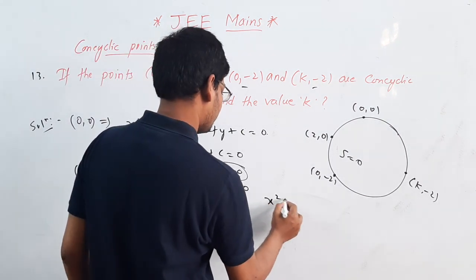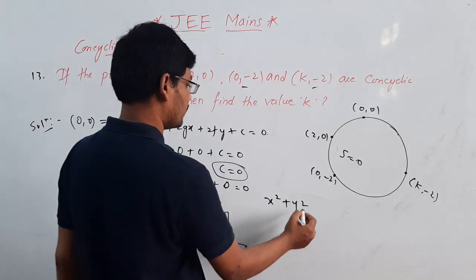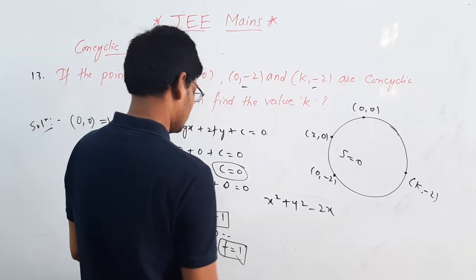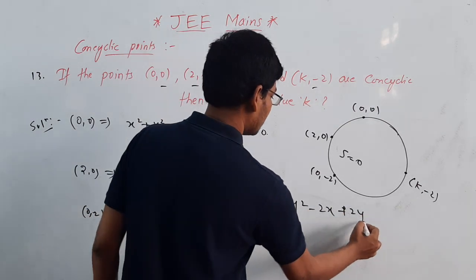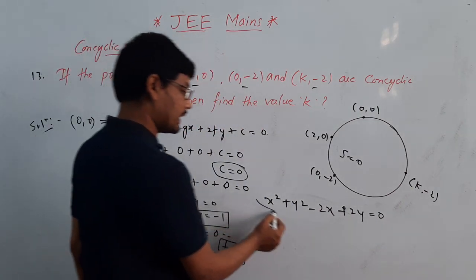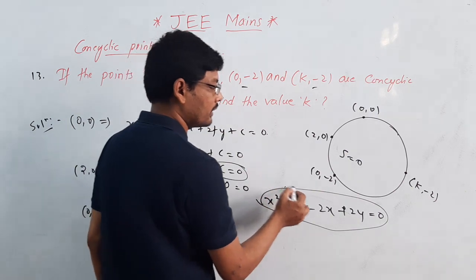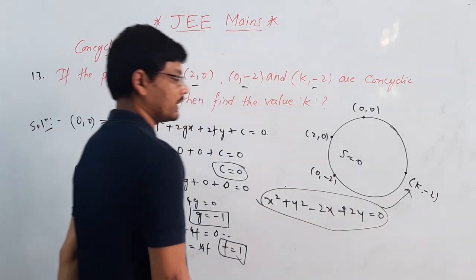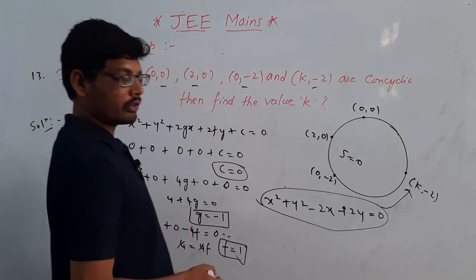So x square plus y square, g is minus 1 so minus 2x, f is 1 so plus 2y, plus c which is 0. That is the equation, and this circle equation should satisfy the point k comma minus 2. In that way also we can solve.